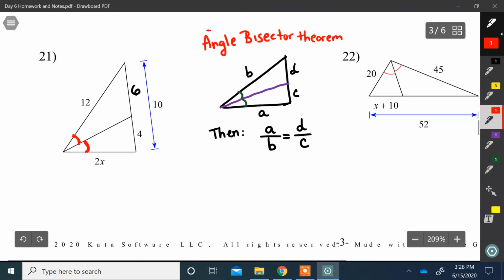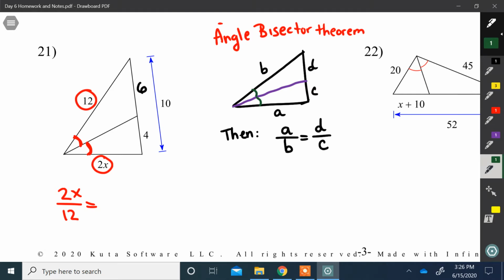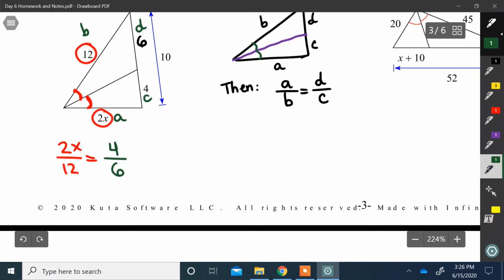So 2x over 12 should equal, okay, look at the problem. If I start with A and this is B, then this should be C and this should be D. Then 4 over 6. Those are proportional to each other.